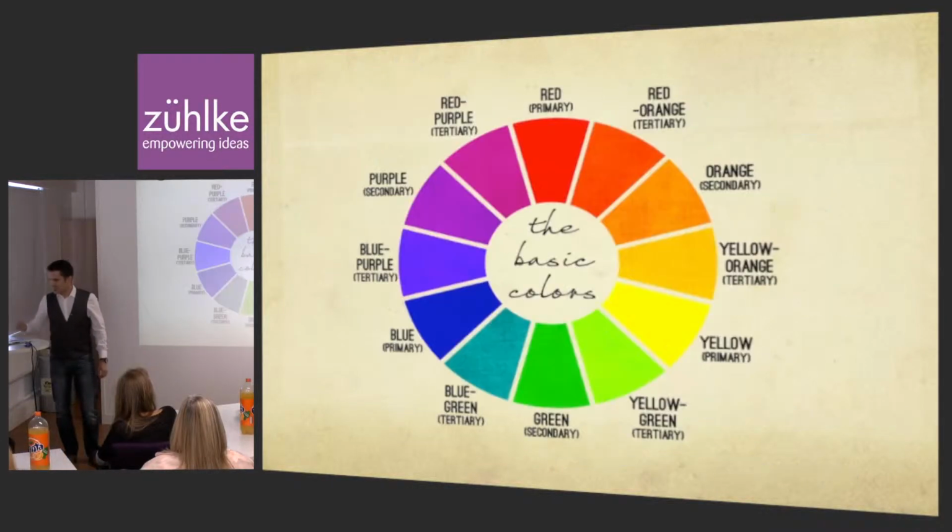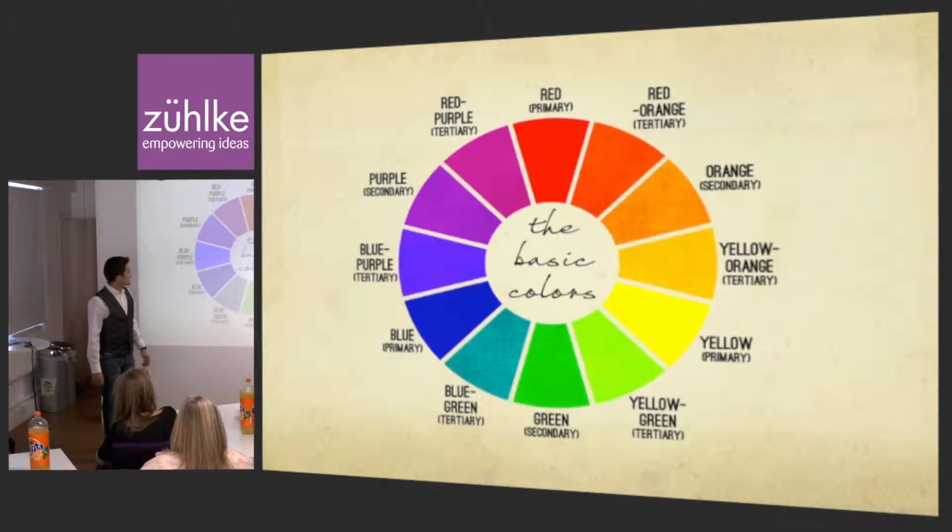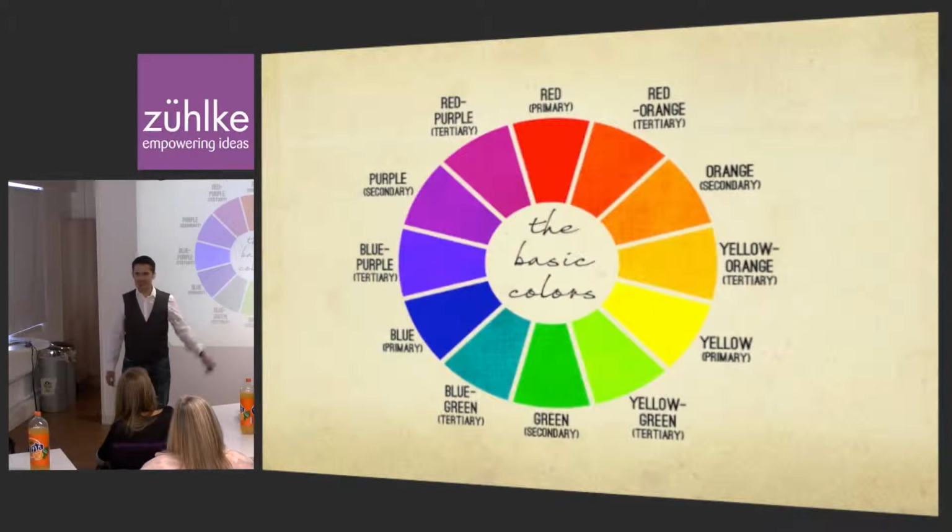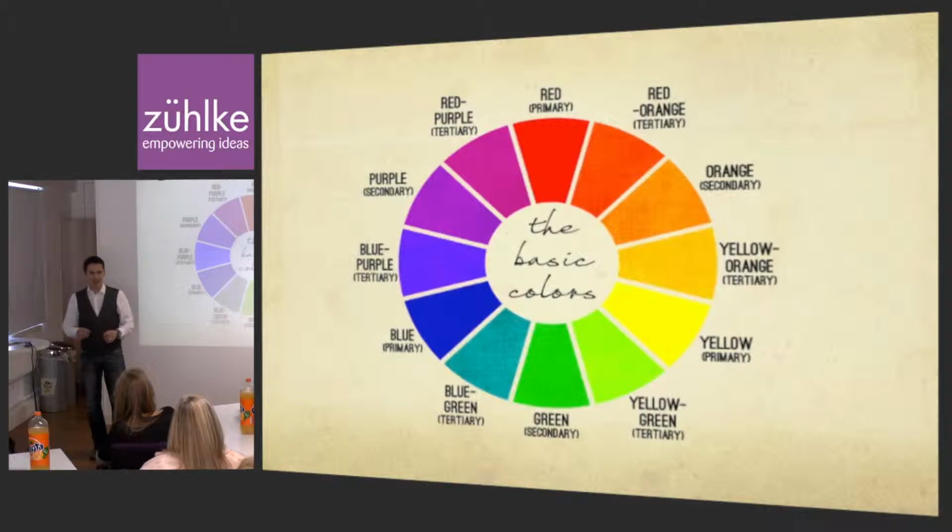All right, so let's dive into colors. You might remember the times at kindergarten, you had the watercolor kit. You could mix red and blue and it became purple. You mixed blue and yellow and it became green, and you mixed yellow and red and there was orange.